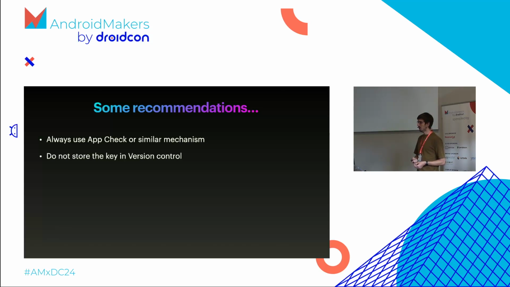Do not store the key in version control. I think that's 101. If you have it in the Android app, store it in local.properties, or use some sort of key management service, because, for example, you might want to share it with different teammates, right?